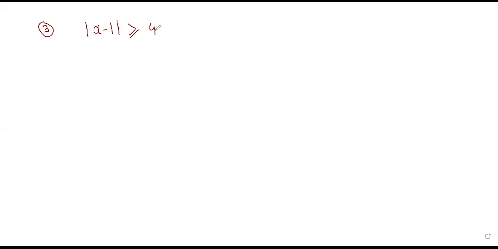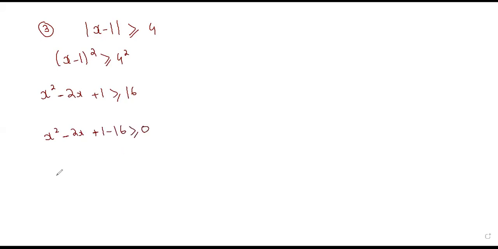So when I square both sides of the inequality, this becomes (x − 1)² ≥ 4², and this would be x² − 2x + 1 ≥ 16. So x² − 2x + 1 − 16 ≥ 0, and it would give me x² − 2x − 15 ≥ 0.